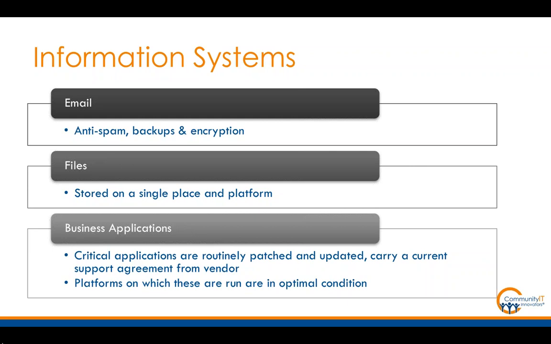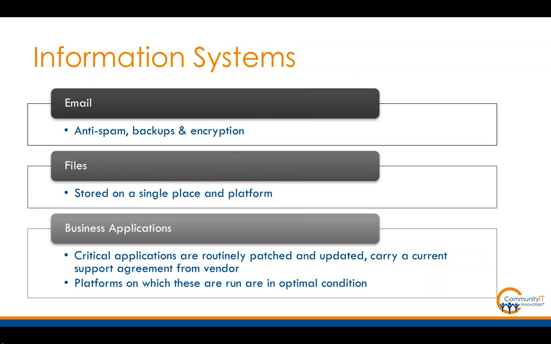For files, this only has one bullet point. It looks pretty straightforward. What we're talking about is some method that simplifies the management of the file system so that we have one place that we need to back up, one place that we need to restore to, and one platform that we need to maintain.